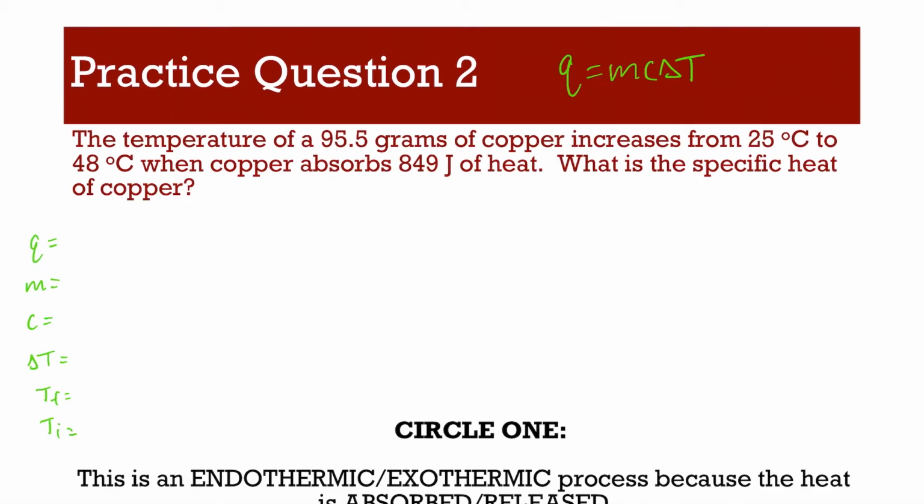So the temperature of a 95.5 gram sample of copper increases from 25 to 48 degrees. So we're starting at 25, ending at 48. So our delta T is 48 minus 25 equals 23 degrees Celsius. And absorbs 849 joules.